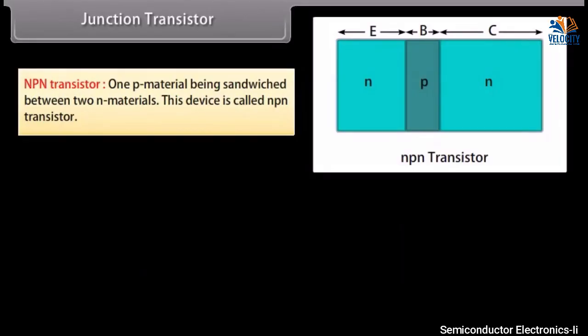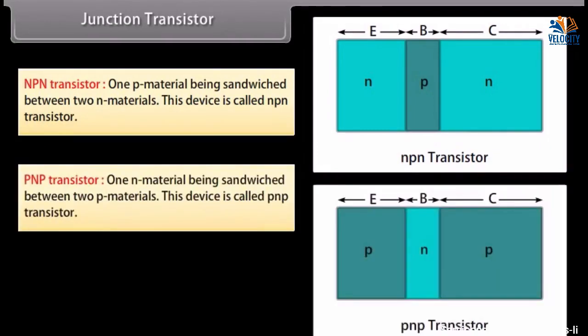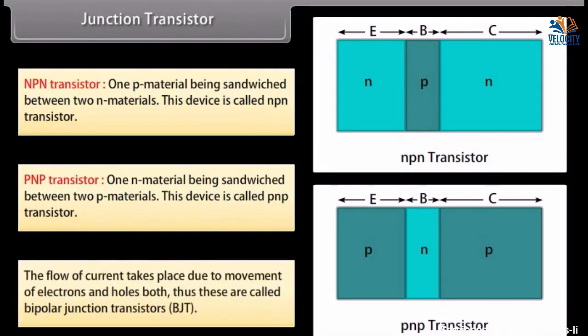This device is called an NPN transistor. PNP transistor: one N material sandwiched between two P materials. This device is called a PNP transistor. The flow of current takes place due to movement of electrons and holes both. Thus, these are called bipolar junction transistors.